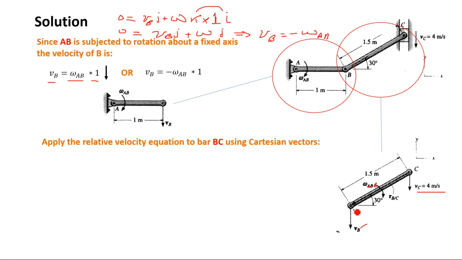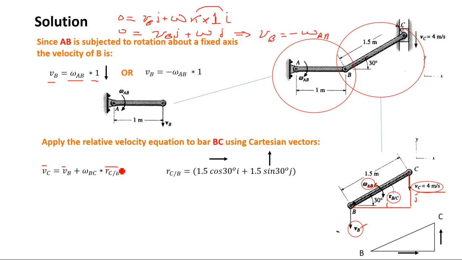To go to point B, we need to move positively a distance of 1.5 cosine 30 in i, then positively a distance of 1.5 sine 30 in j. We can write this as a new relative velocity equation. Remember these should be vectors.